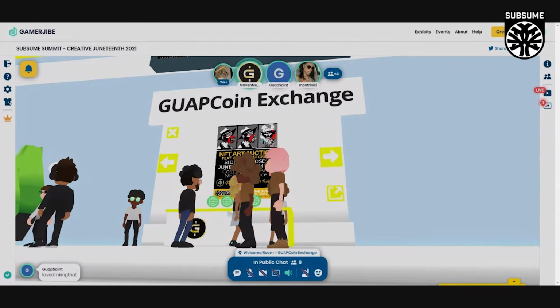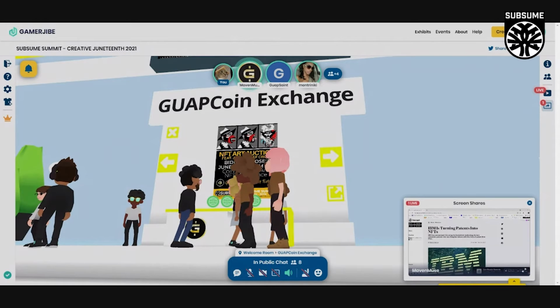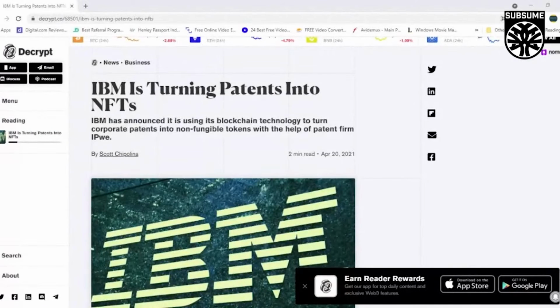NFTs are really smart contracts. They're a way to validate on the blockchain, and we know that the blockchain, I'm going to use simple words to explain this, cannot be changed, right? So it's an entry that's saying, hey, this is what it is. This is the information around that thing.